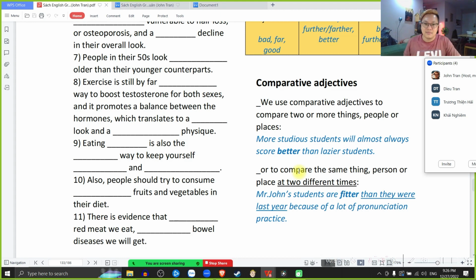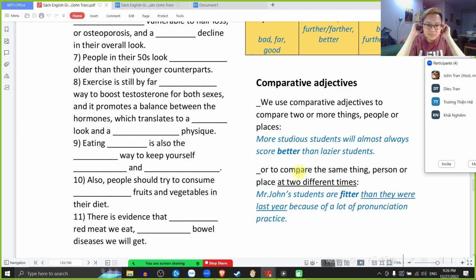Mr. John's students are fitter than they were last year.